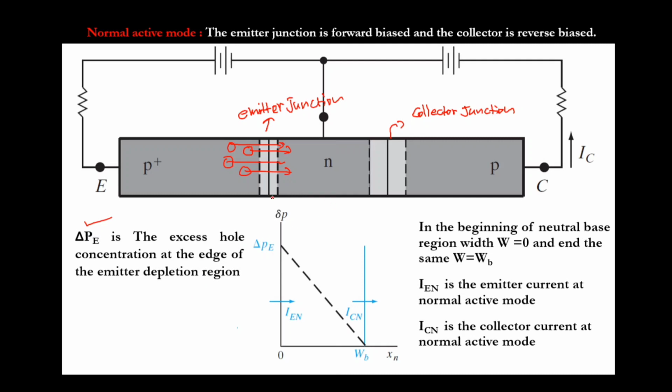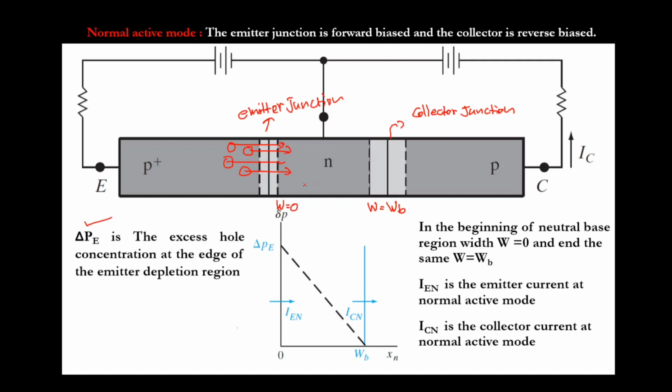This is my base width, W. This is the point where I can mark W equal to 0, and this is the point where W is equal to WB. Here my base starts from 0, and the total length is WB.